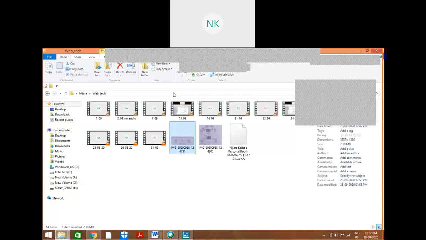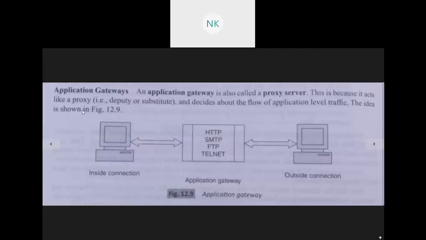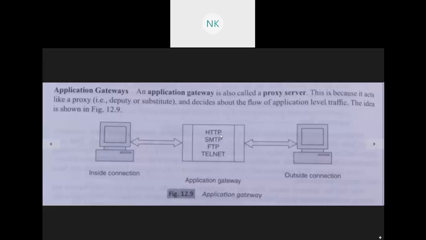So today we are talking about proxy server. Okay. Now, what is basically a proxy server? Here it is said that it is also known as application gateway. So this is, we can say, a pictorial representation of a proxy server.